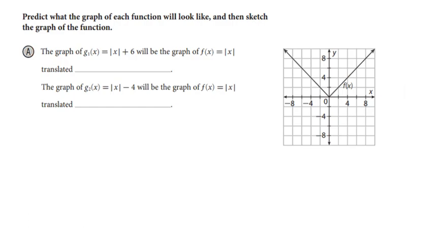Okay, it says predict what each one is going to look like and graph the function. If we look at k, it is plus 6, so we're going to translate upward 6 units. It says predict, but we're going to use a calculator just to check.